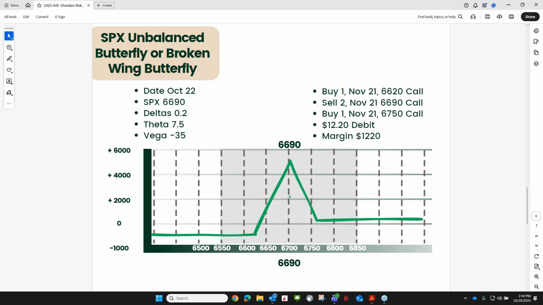But again, let's remember this, folks, the big picture here. The closer to expiration, your price risk goes up substantially, right? And so things move against you very quickly in these butterflies.